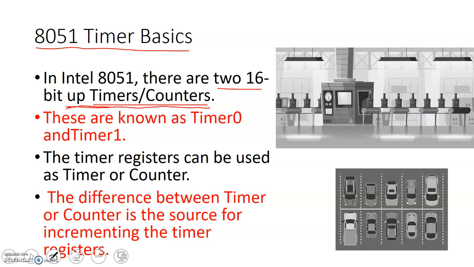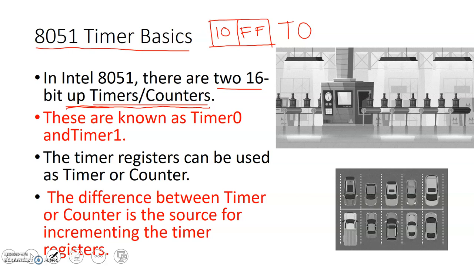Basically, if you are saving some value in a register, say you are using a timer T0 and you are saving some value here, it is a 16-bit register consisting of TL0 and TH0, which we'll talk about after some time. Say for example, you have FF10 saved.